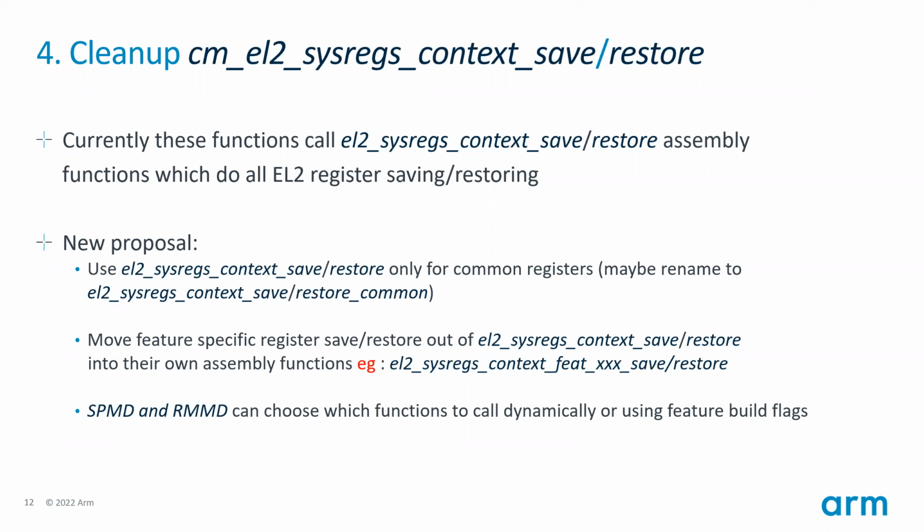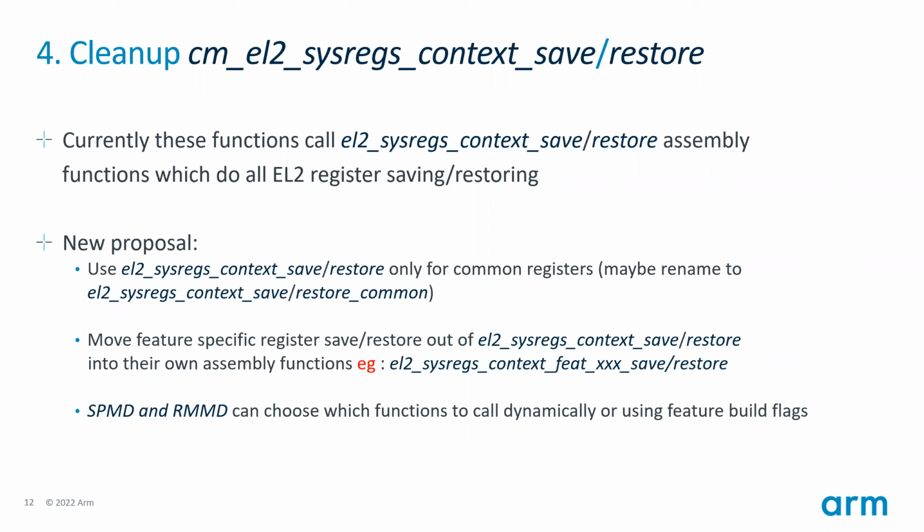Yeah, for PAC, I think there is no trap existing at EL3. I haven't seen a trap for PAC. Right, so that was just a made up example, I guess I'm saying there could be features like that. If there is no trap existing for that feature, then we have to do the save and restore.